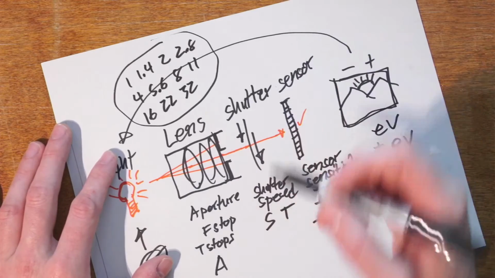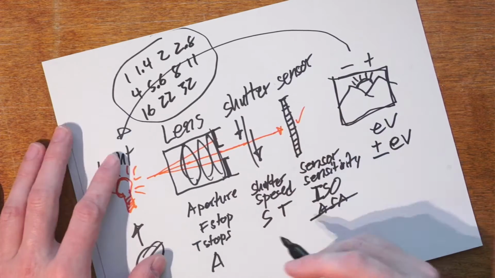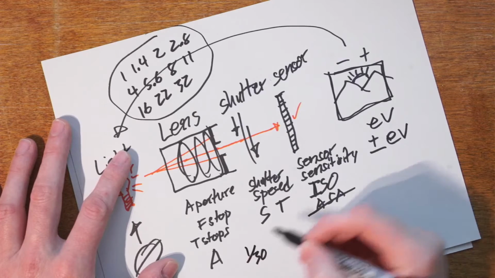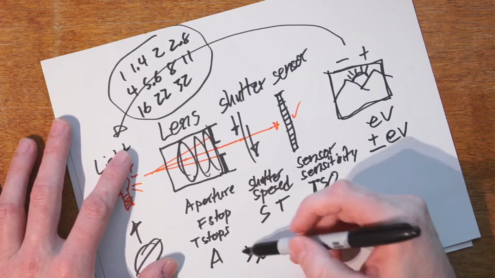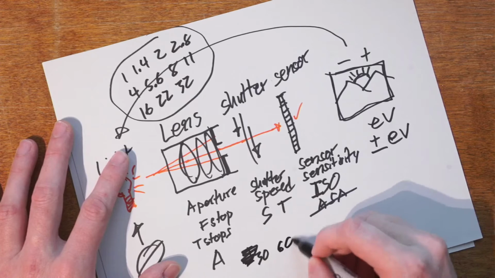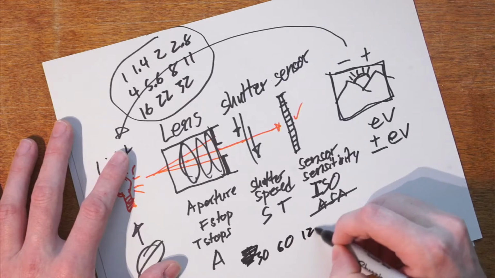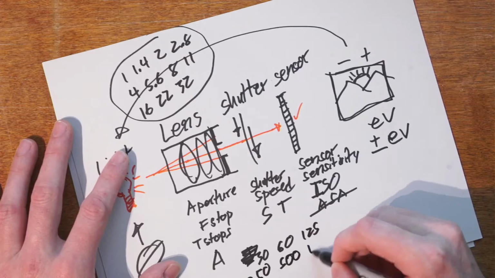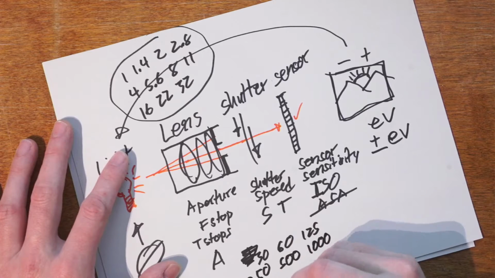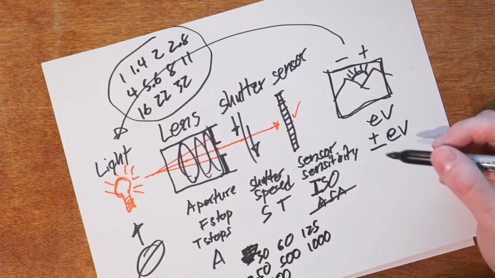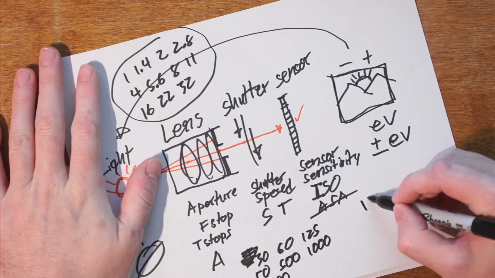Shutter speed is going to move generally in a doubling fashion. So you'll have 1 over 30, but we actually don't see this. Even though it's 1/30th of a second, on your camera, it will just say 30, 60, then it usually goes 125, 250, 500. You can kind of see a pattern of doubling, 1,000, 2,000, and so on and so forth. Sensor sensitivity, generally the lowest number you'll have is 100.